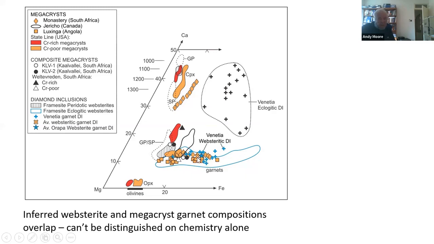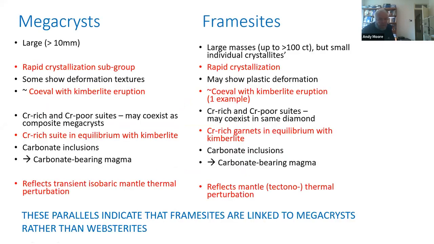The orange symbols, however, are megacryst compositions, and you can see there's a strong overlap. So this raises the question of whether these are linked to the megacrysts or the websterite suite. So compositions alone are not definitive, so we need to look at some other characteristics.